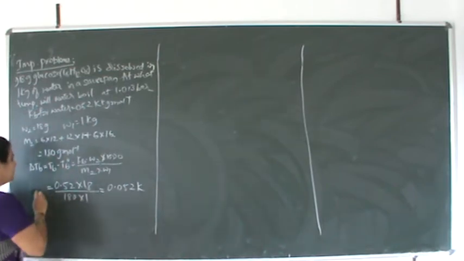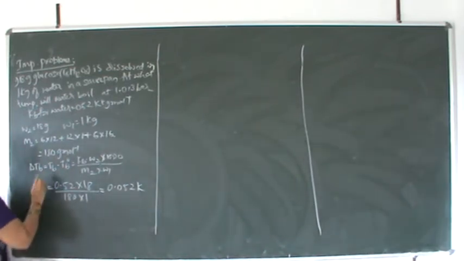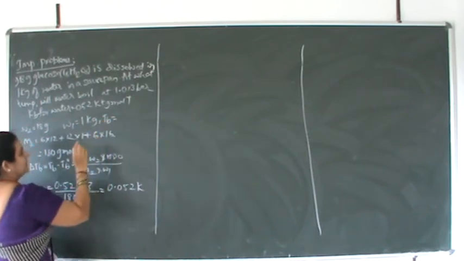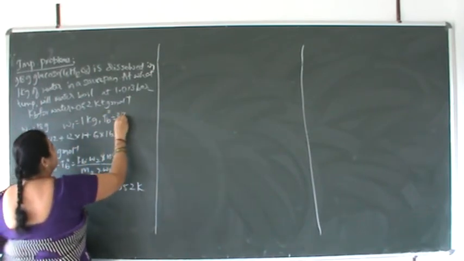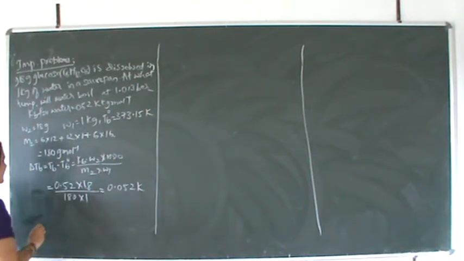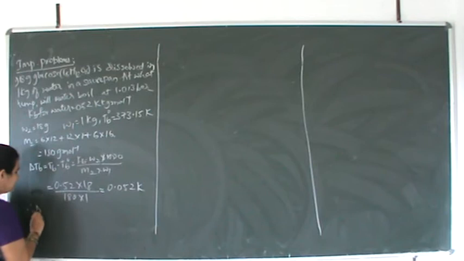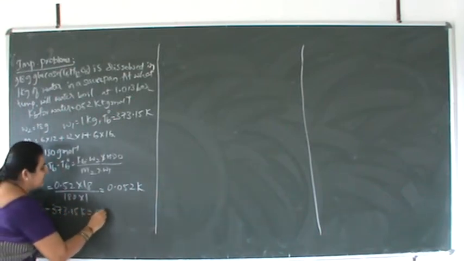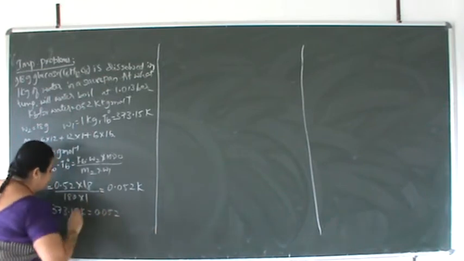Okay. Now Tb, we know the value of Tb naught. Tb naught means boiling point of water, which is 373.15. Therefore, delta Tb is equal to Tb minus 373.15 Kelvin is equal to 0.052.